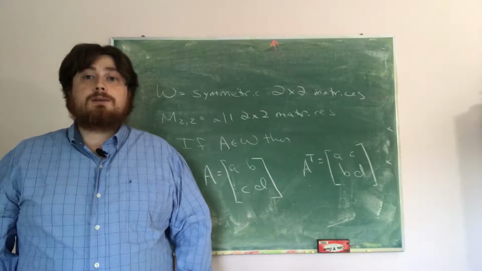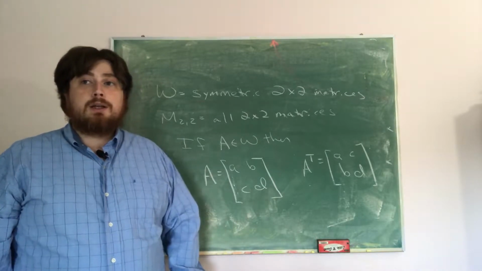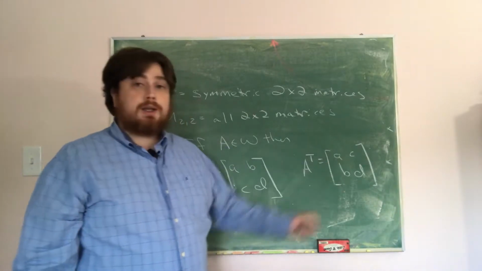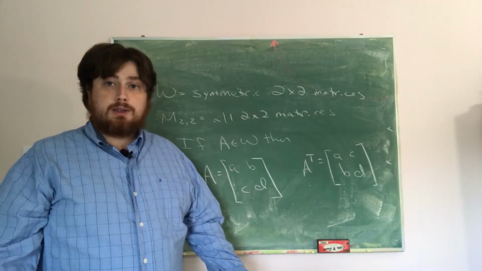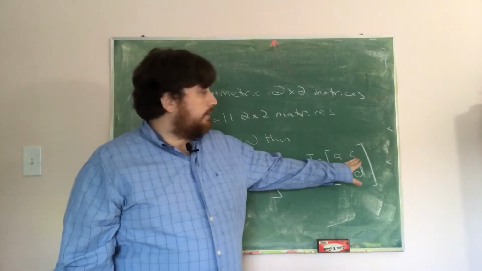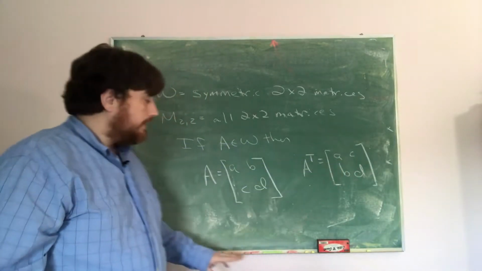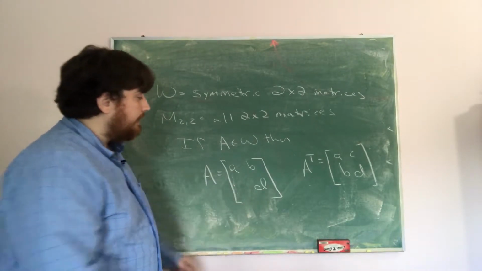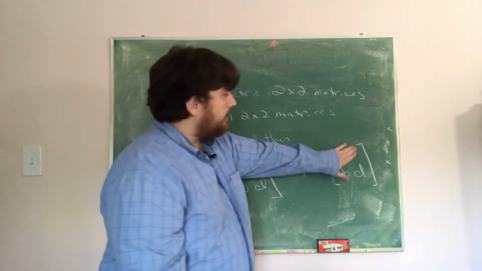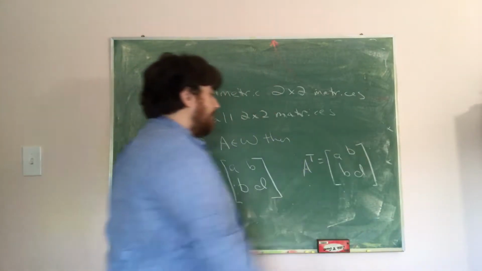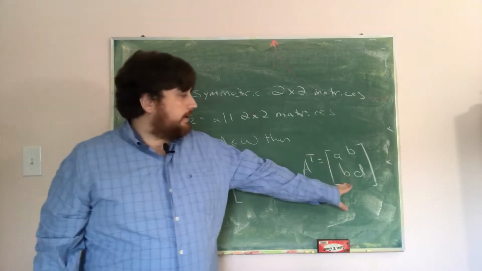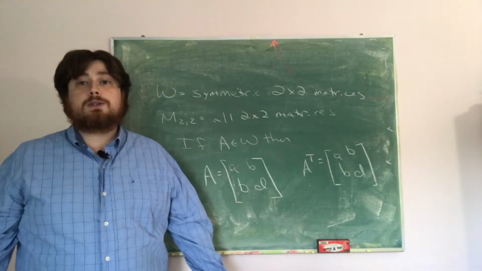Now, if the matrix is equal to its transpose, what that means is that component-wise these are the same. So we need A equal to A. Well, A is always equal to A, so that doesn't provide any restriction. But we also need B equal to C, and if B is equal to C, that just means that both of these terms need to be B. And so this one again is going to be B. If we continue, we also have B equal to B, which doesn't provide any more restrictions.